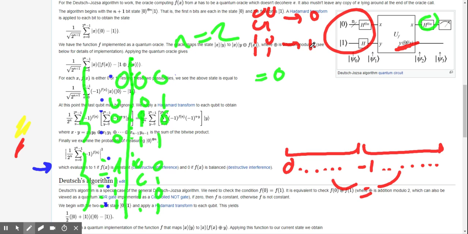For 0 0 you're getting a 0, so that stays 0. For 0 1, that stays 0. For 1 0, that turns into 1. That turns into a 1. And here, that stays 1, and that turns into a 0, and that turns into a 0, because you're adding modulo 2.